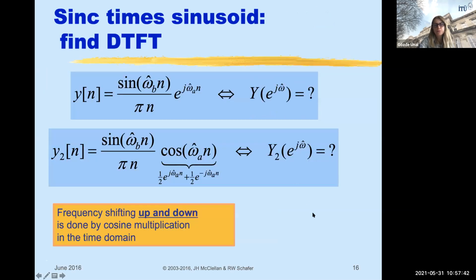So how to do this? Sinc times a cosine or sinusoid. Now, instead of just a complex exponential, I can multiply by a real sinusoid. I can multiply this signal by a complex sinusoid or a real sinusoid. This creates a frequency shift, from the frequency shifting property.